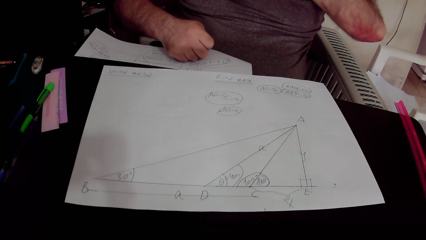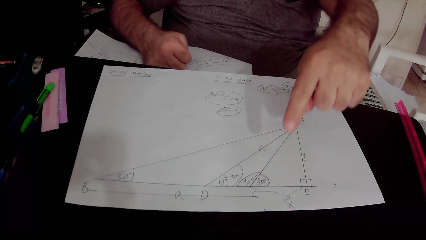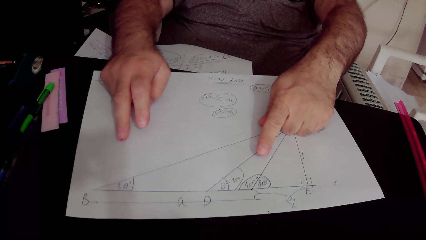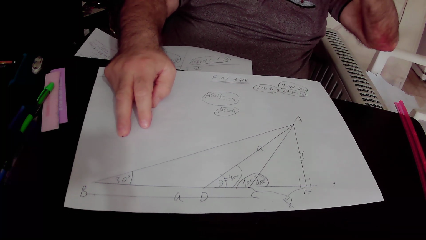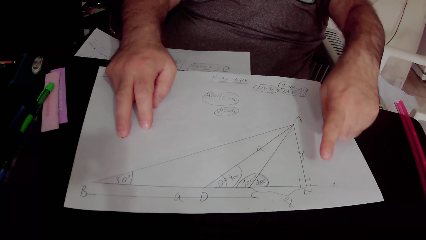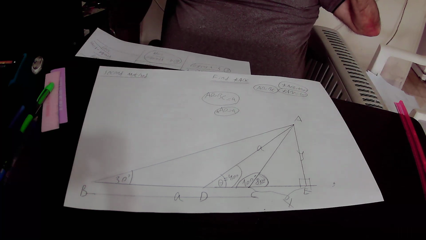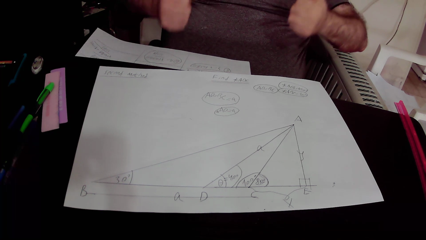And then we calculated the value of angle ACE, this angle. We know that BC is one side of triangle ABC, therefore it must be a straight line. We extended the straight line BC, so BE will still be a straight line. And we have the rule that the sum of the angles from one side of a straight line equals 180 degrees.